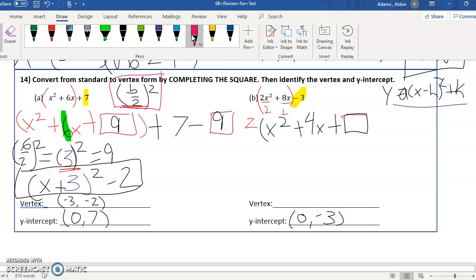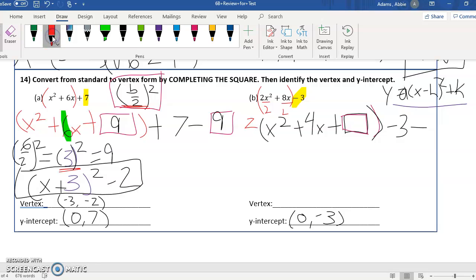But realize this unknown is being multiplied by the 2 on the outside of the parentheses. So when I rewrite my outside terms, I've got minus 3. I'm also going to have to subtract the unknown, multiplied by 2. So let's solve for it. My b value, like I just said, was 4.